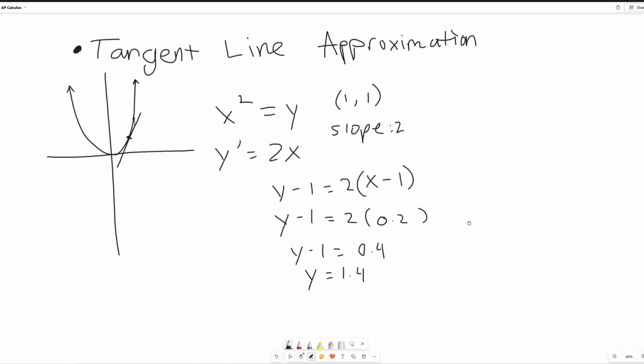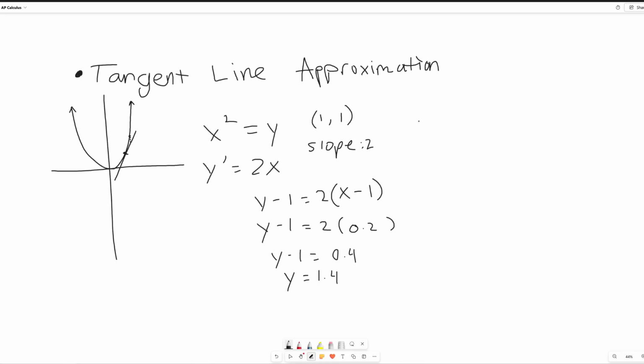So, how far off? Well, you can take your calculator and do 1.2 squared, and you're going to get 1.44. So, relatively speaking, it's not very far off. The closer you get to the origin of the tangent line on your approximation, the more accurate it will be.